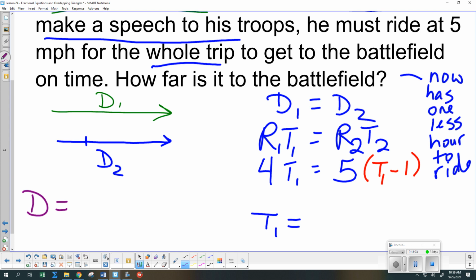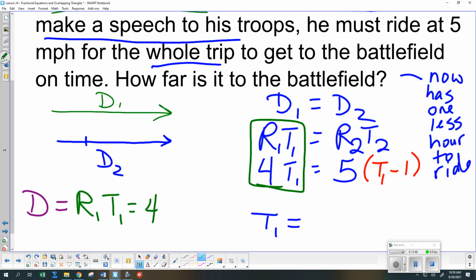So am I going to take the 5 times whatever I get here? I need to, if I know T1, and I already know that R1 is 4, that's the one where I know both parts to be able to find the distance. So I'm going to do this with R1 T1, or 4 times the T1 that you found, and then we will label our distance in miles. Thumbs up? Makes sense, Rev?